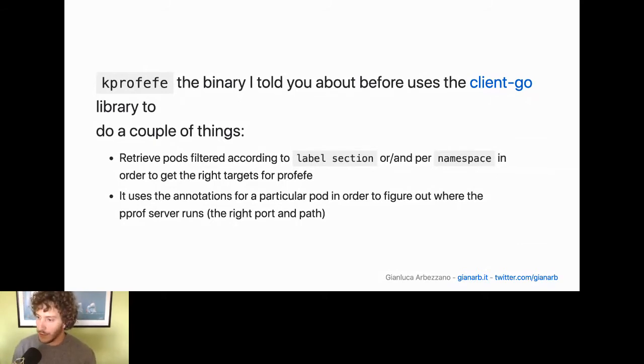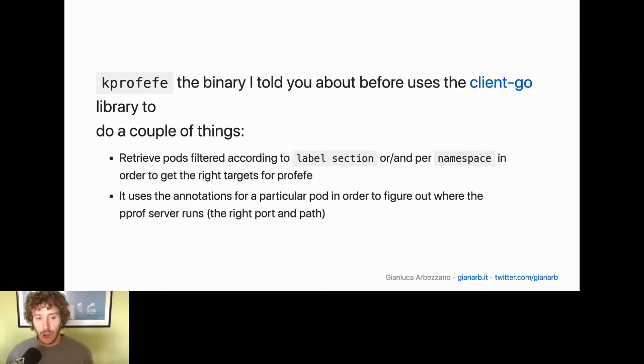So you can use the -n or the -l in the same way you do when filtering for other resources like pods, services, and so on. And all those things come from client-go itself. So this is the first stage because I have in some way to get the targets for my scraping.